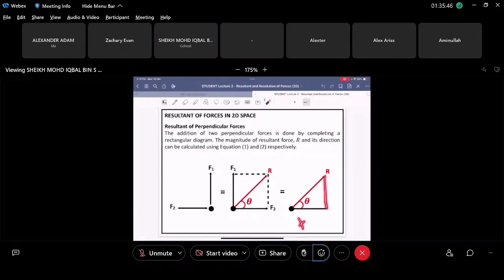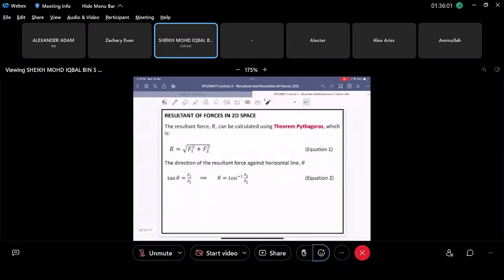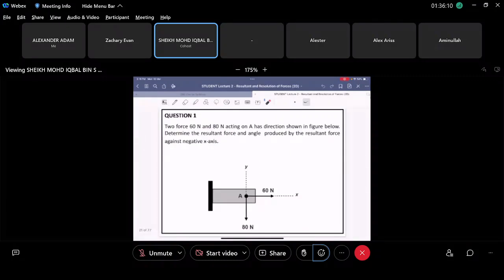Use tan theta, which is opposite over adjacent. Calculate the magnitude here, divide by the magnitude here, and you will get your angle: theta equals tan inverse of F1 divided by F2. A very simple calculation.